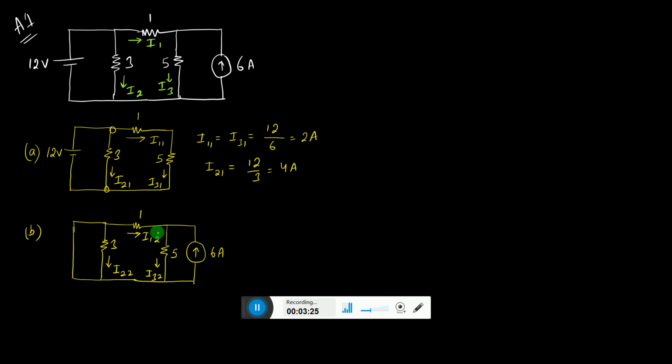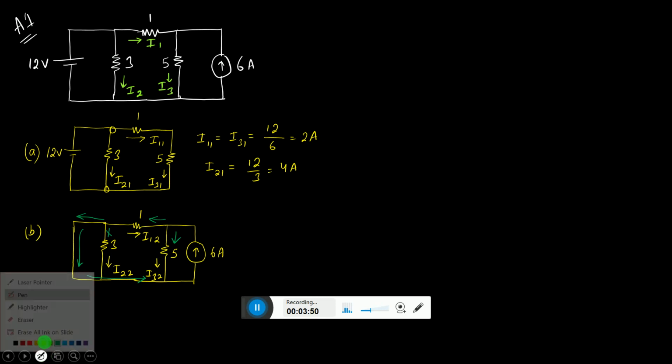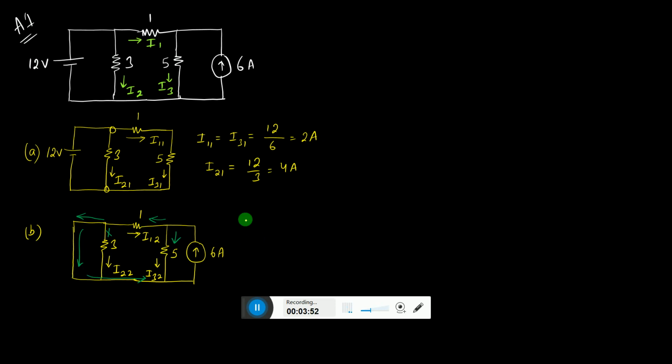If we apply the current division rule, this current is going this side and this side, and here the current will not go through. So there the current is 0 and the entire current will be flowing through this. In one path we have a resistance of 1 ohm, in another path we have a resistance of 5 ohm. So when we apply the current division rule, let us write for I32.